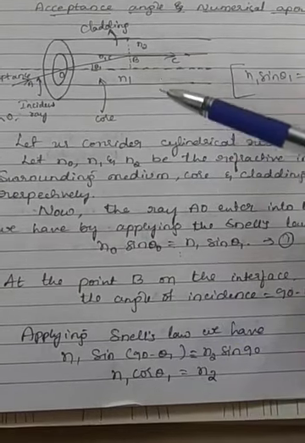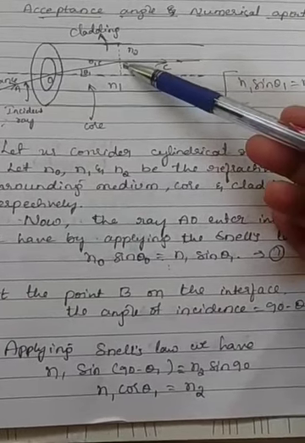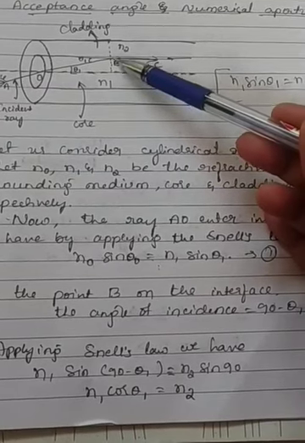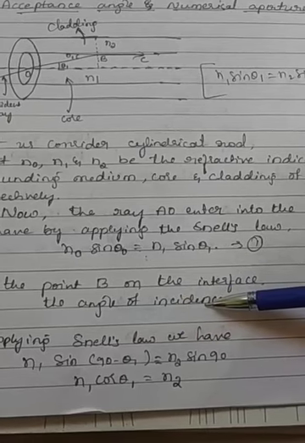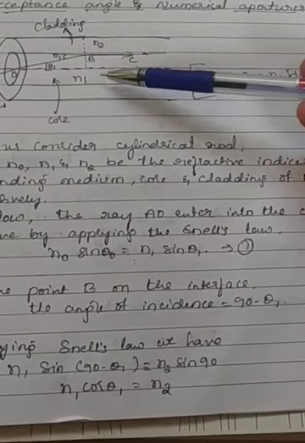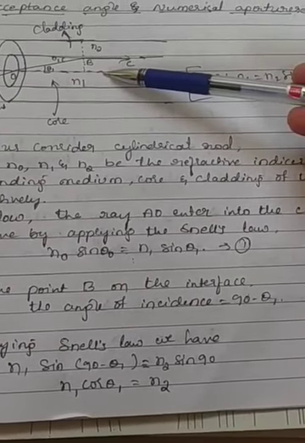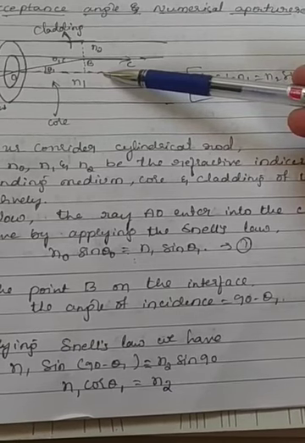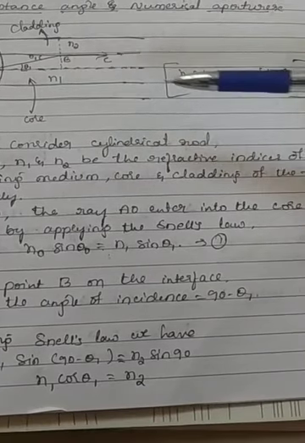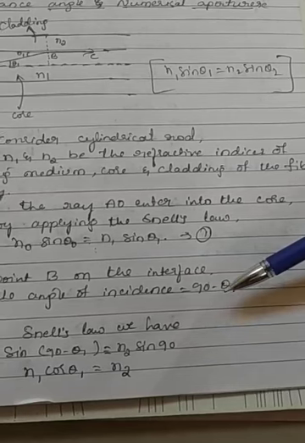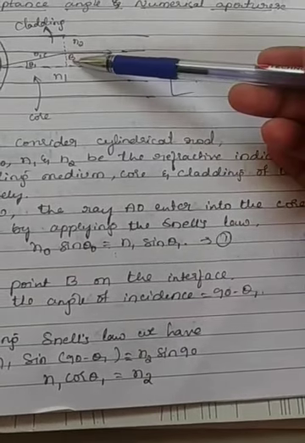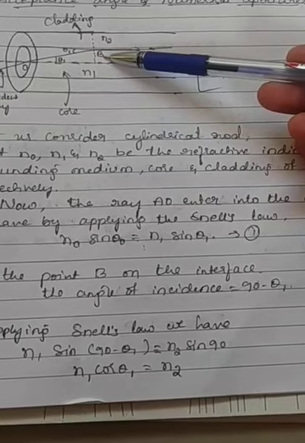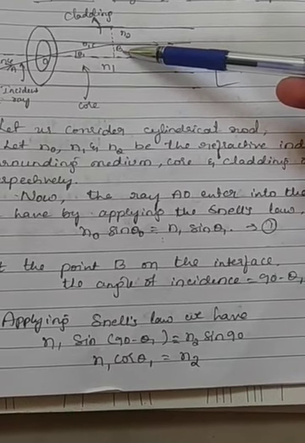Next, at point B on the interface, we will get the angle of incidence. Inside the core, we take the angle of incidence at point B, that is 90 minus theta 1. It is the angle of incidence at point B. There we also apply Snell's law.